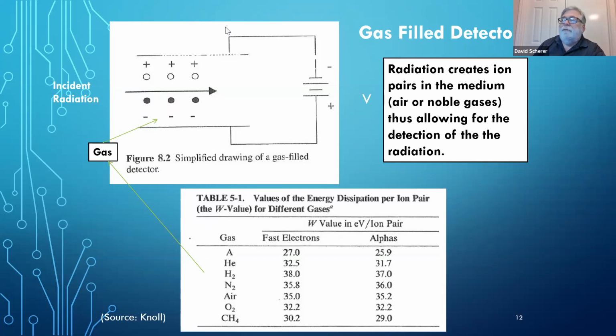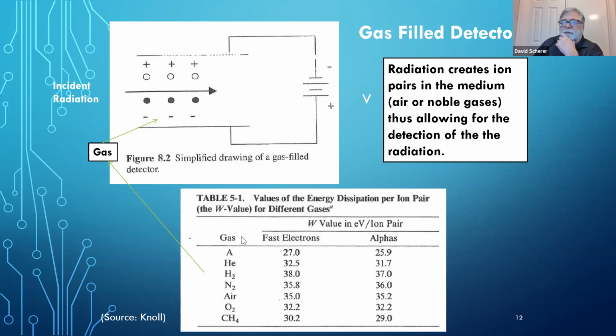We have an electric field across the device, so there's some negatively charged electrode and a positively charged electrode. The electrons move toward the positive, and the ions that were created move toward the negative. We can collect a signal, usually from the electrons. They move much more rapidly.